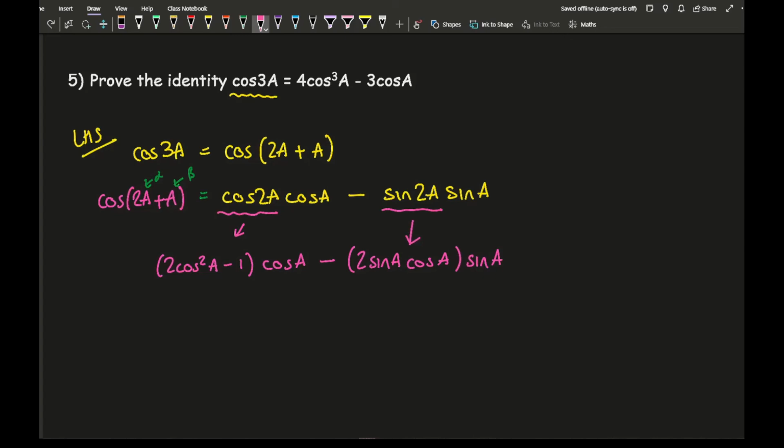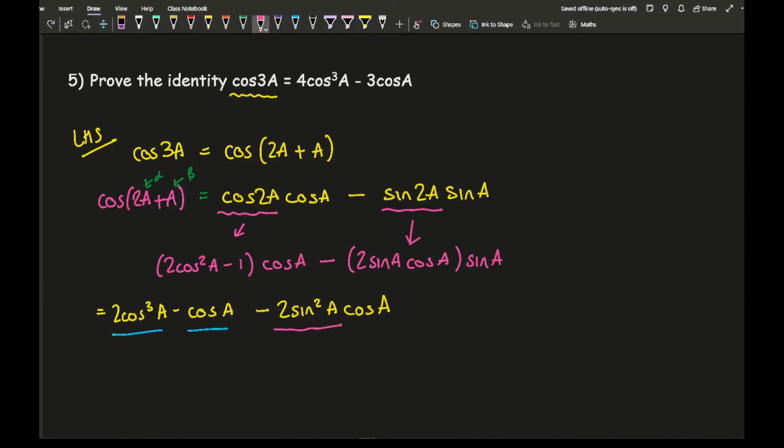Now if I expand the brackets out, what do I end up with? I'm going to end up with 2 cos cubed A minus cos A minus 2 sine squared A cos A. I'm going to keep the first two terms the same, but I'm going to get rid of this sine squared A. Let me change the colour and get the pink.